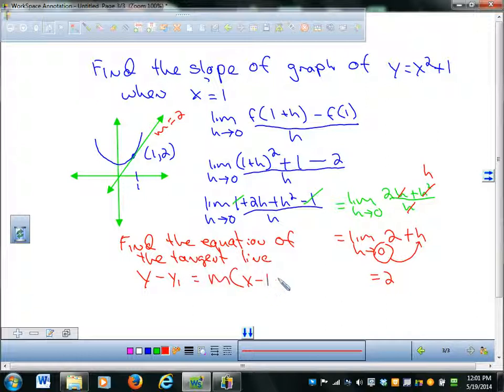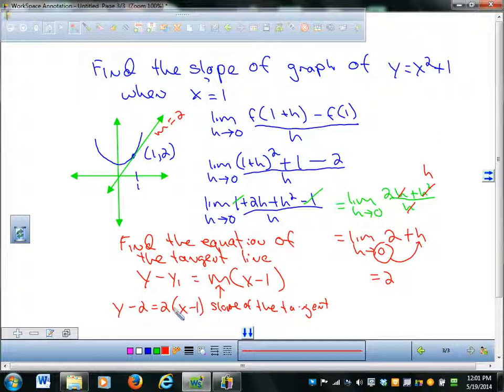Do you remember this? What's that called? That's called point slope, but in this case, m is the slope of the tangent line, right? And so if I plugged in this point 1, 2 and this slope, I get y minus 2 equals 2 times x minus 1, right?